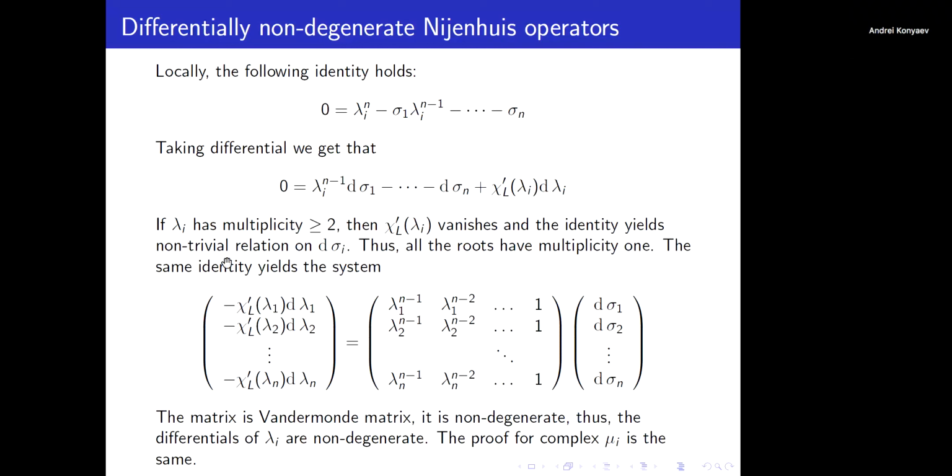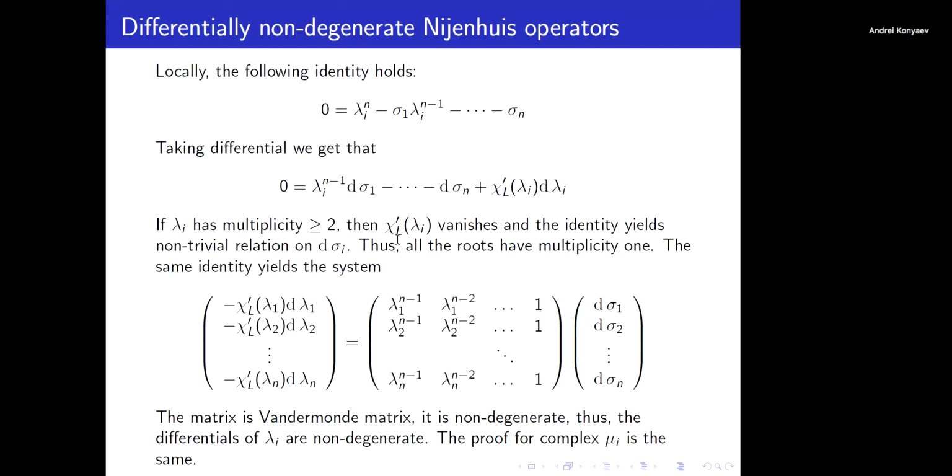Now assume that lambda has multiplicity at least 2. What does that mean? It means that both the characteristic polynomial and its derivative in the independent variable, because the characteristic polynomial is a polynomial of a single variable, have a common root. And lambda i is a common root because you have multiplicity 2.